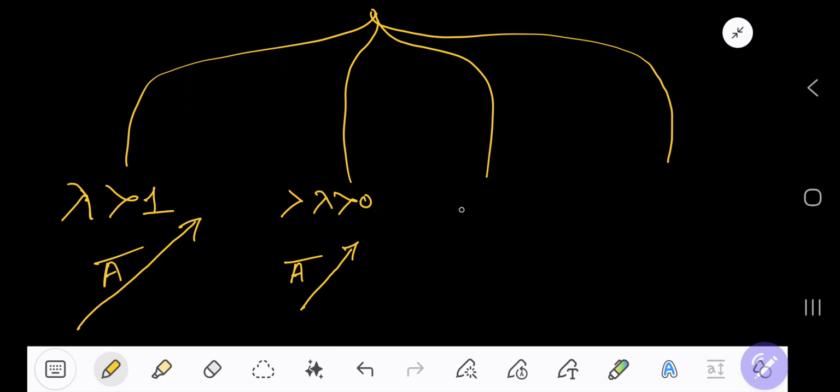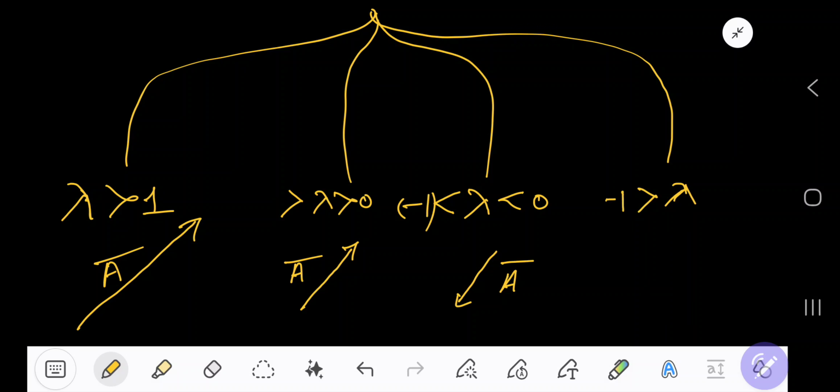Our third case was when lambda was smaller than 0 but greater than -1. In this case, the magnitude decreases and the direction changes. And our last case was when lambda was smaller than -1. This means that the magnitude increases and the direction changes, that's it.